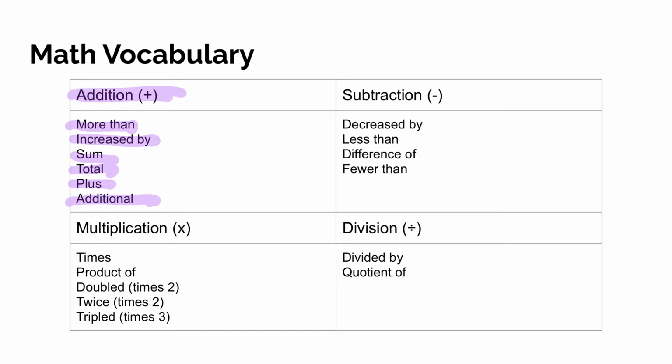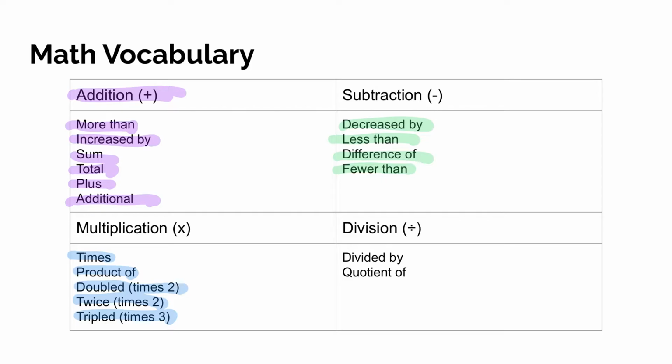Subtraction terms: decreased by, less than, the difference of, or fewer than. Multiplication terms: times, the product of, doubled, which means times 2, twice means times 2, tripled means times 3.